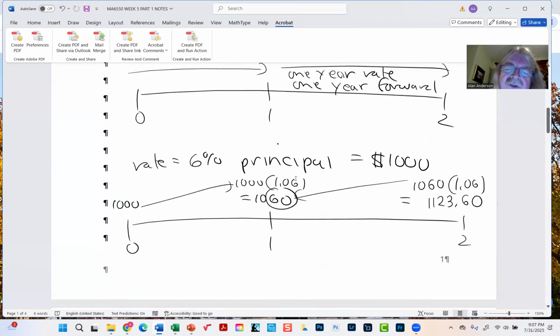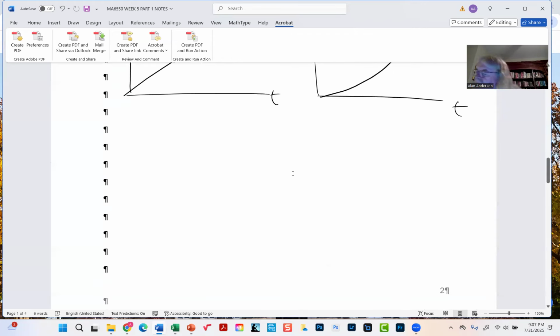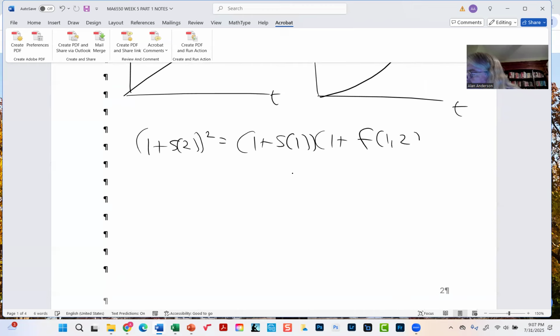Okay. So in other words, algebraically, that means that, and by the way, the notation that we're going to use here is this.